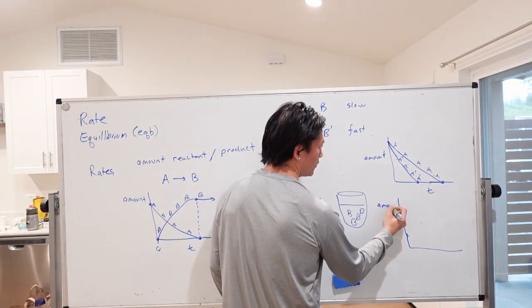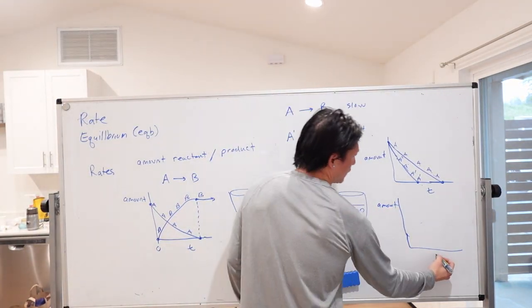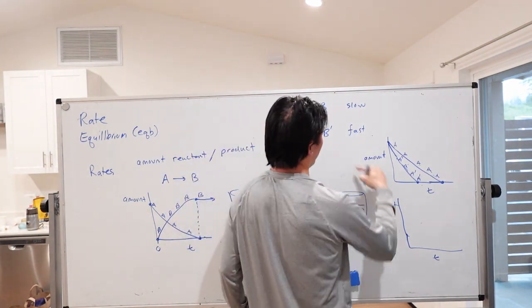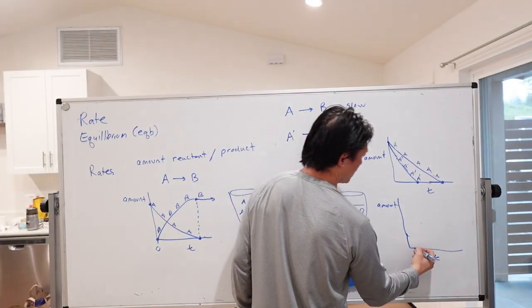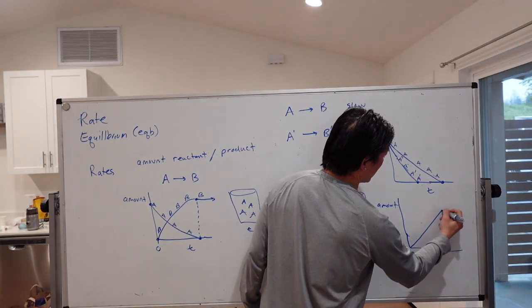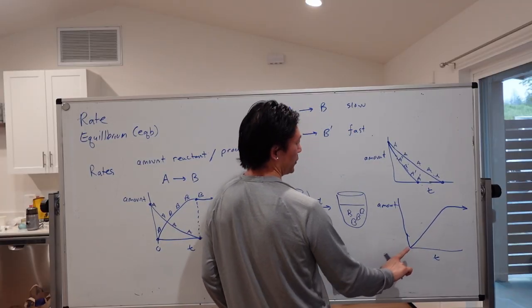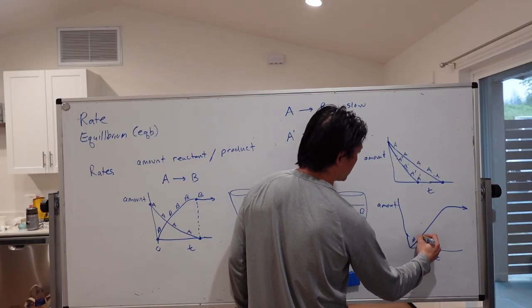Anyways, amount and time here, and we're looking at B form over time. Of course the slow version takes a long time, and then it finally levels off. So this is B taking a long time to complete.